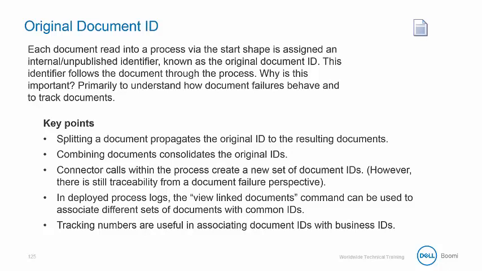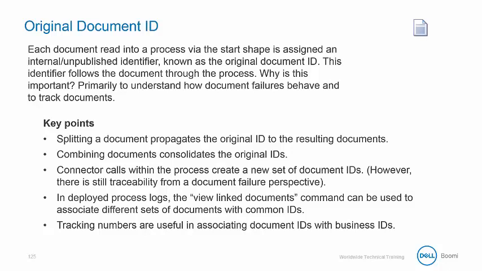Splitting a document in the process will propagate the original document ID to all of the resulting documents. They all share the same original document ID. Similarly, if you combine documents, they will consolidate into a single document with one original document ID.